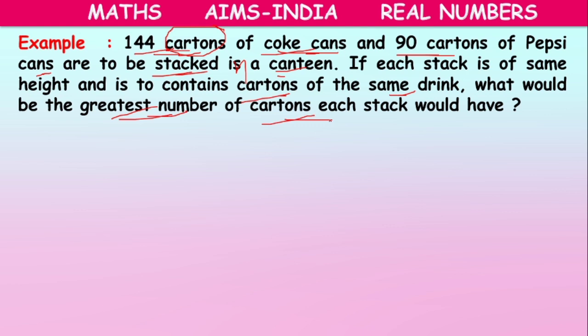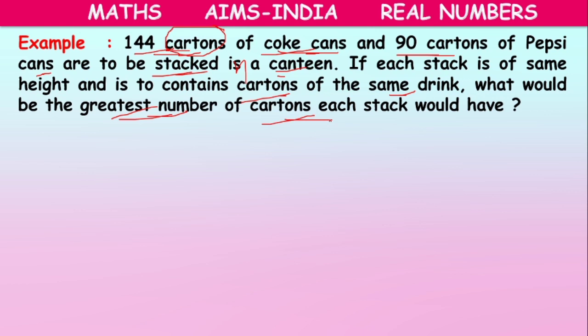Means we have Coke cans and we have Pepsi cans. We have to arrange them in such a way that each stack, or each group, will have the same number of Coke cans and the same number of Pepsi cans. Like that one group is there, and in the same way we can have more groups.